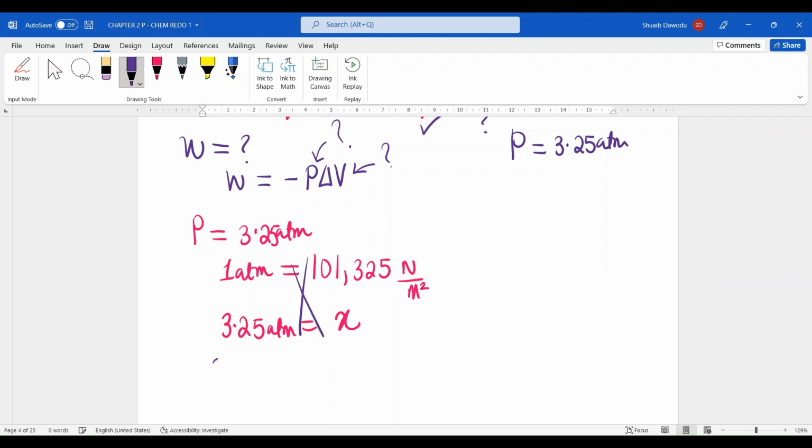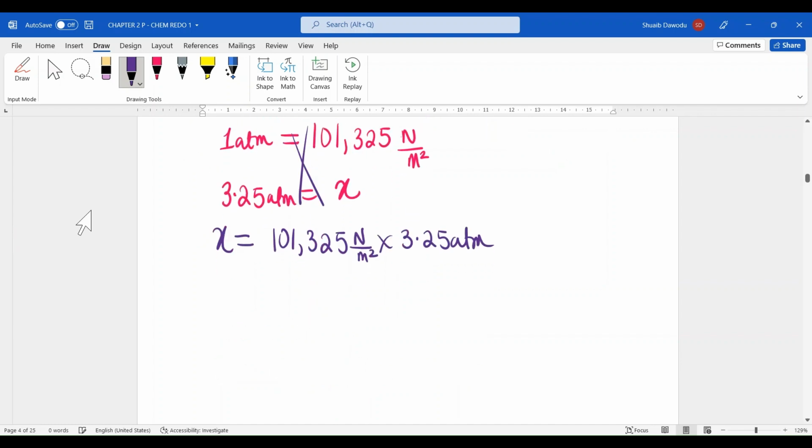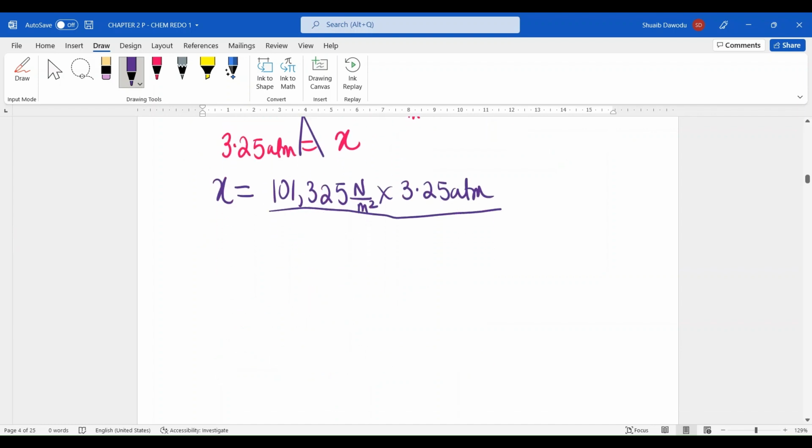We have X is equal to 101,325 Newton per meter squared times 3.25 atmospheres, divided by 1 atmosphere. So we just cancel the atmosphere. So X is equal to what?